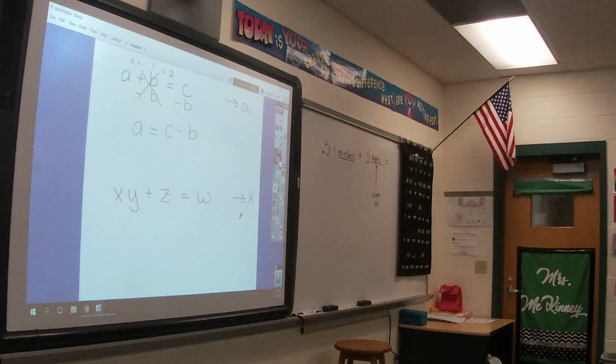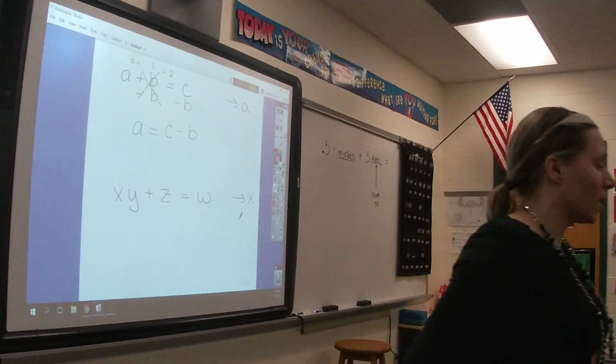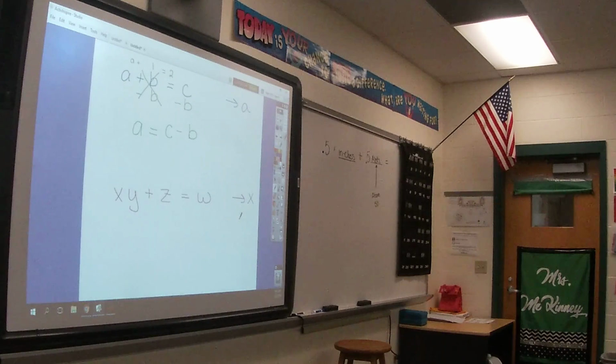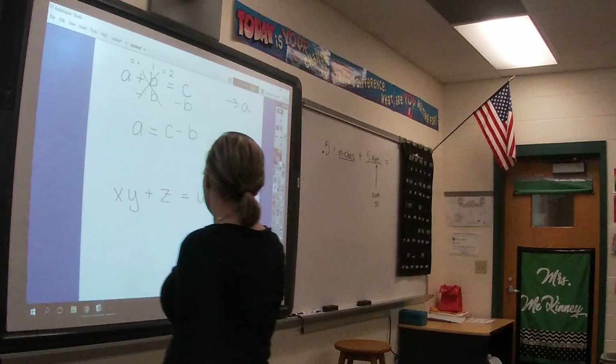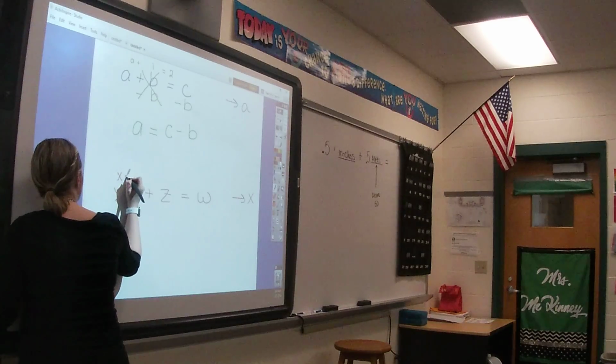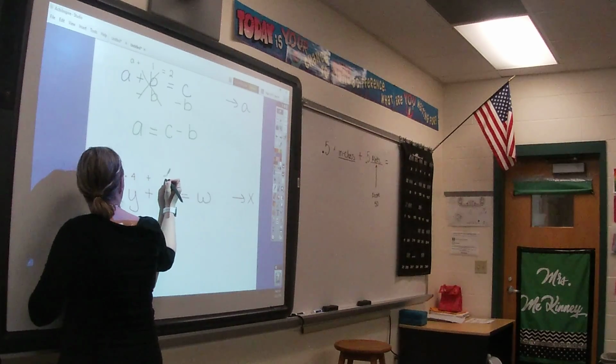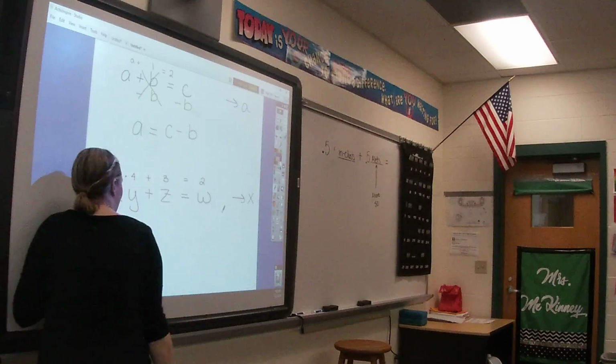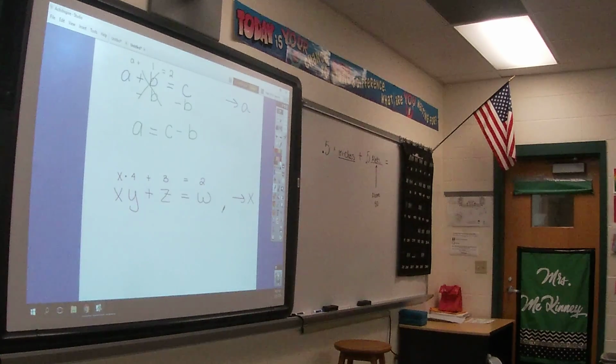Let's solve this for X. Okay, so again, let's fill in numbers for those other places. Everything but X is going to get a number, because we're just pretending. Instead of saying X times 4, we would probably in our brains think of that as 4X, right?